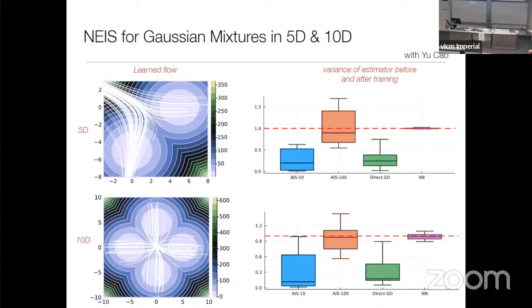If you learn a velocity field in a class of neural networks, what you end up having is flow lines, the white lines that are here, and they terminate because we use it at finite time. Okay, and then you can ask yourself, these are all cases where the naive estimator would have infinite variance, and you can see that after training, in these columns, you end up having estimators that are not perfect.